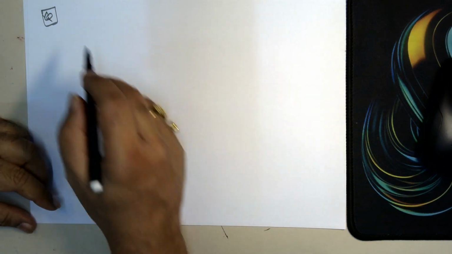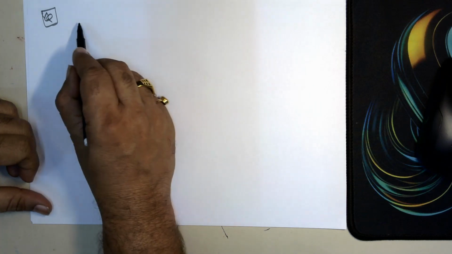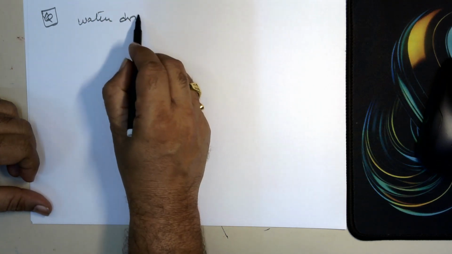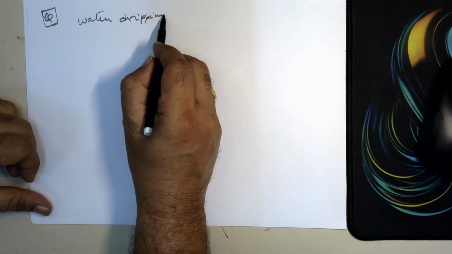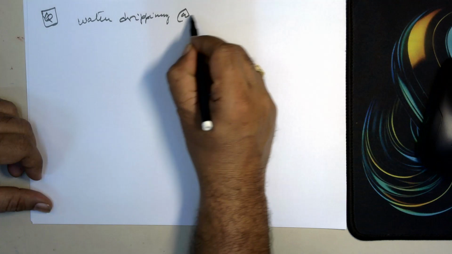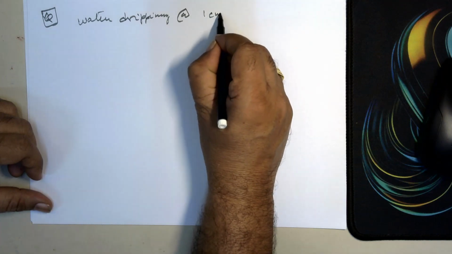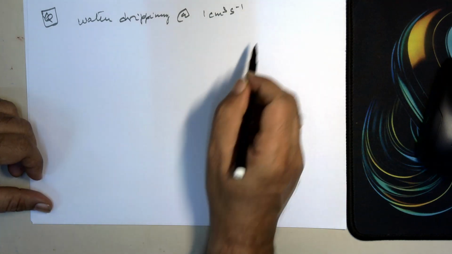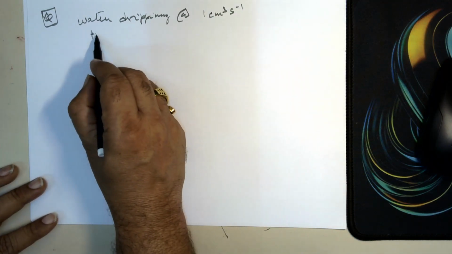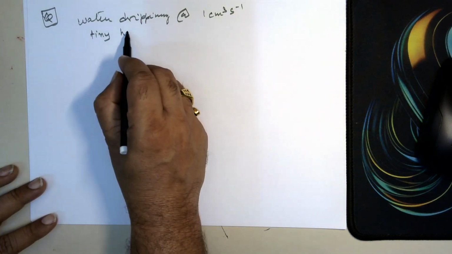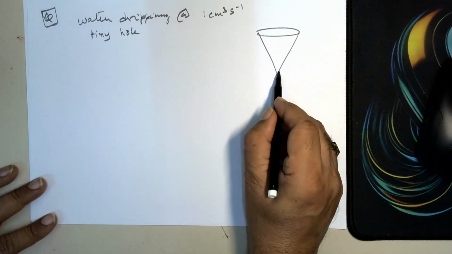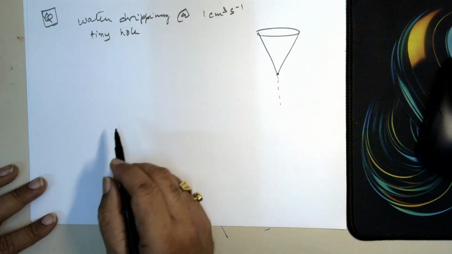Water is dripping out, dripping means it is leaking drop by drop, at the rate of 1 cubic centimeter per second through a tiny hole. So you've got some vessel where there is a leak.